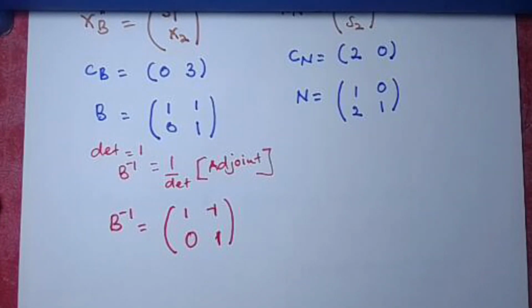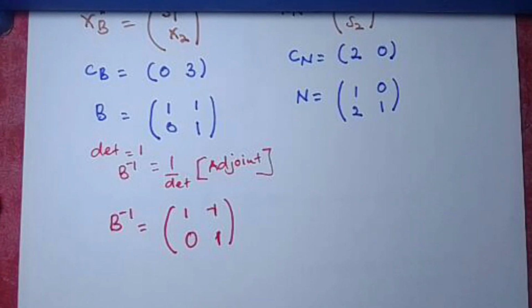But if we get both of them being negative, or any of them being negative, that value becomes our entering variable. So let us do this computation and see what we mean.